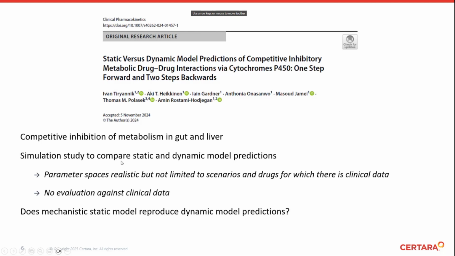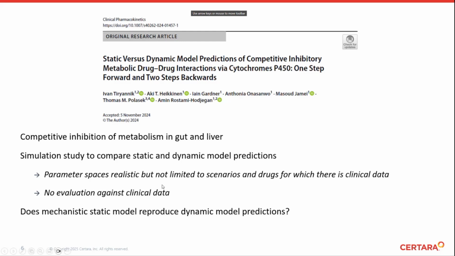Instead of looking at real compound pairs and clinical data, we ran just a simulation study comparing the static and dynamic model predictions.